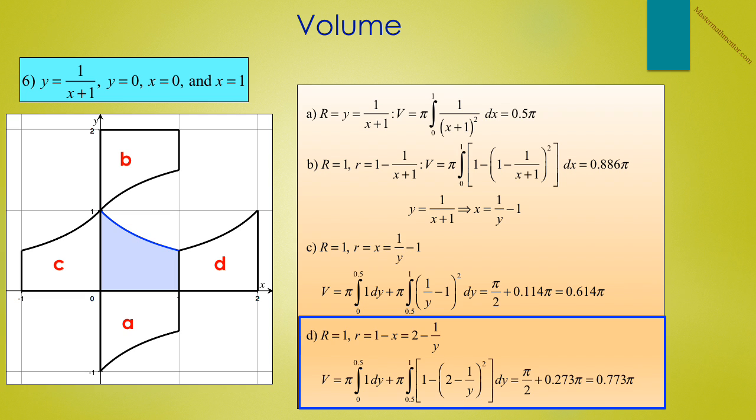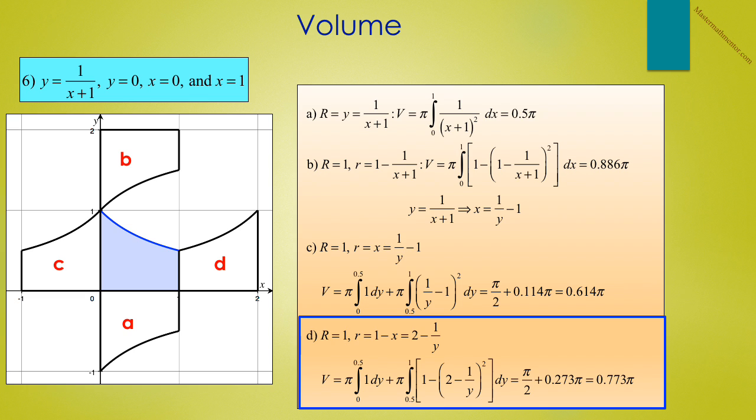So V is equal to pi integral from 0 to 0.5 of 1 dy plus pi integral from 0.5 to 1 of 1 squared, which is 1, minus (2 minus 1 over y) squared dy. And our answer is 0.773 pi.